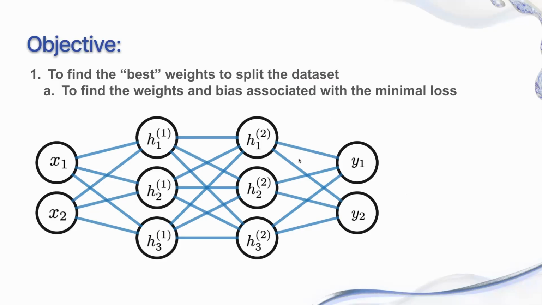All our weights are these blue lines. You can imagine instead of having 3, we have 4, or instead of 3, we have 100. The amount of weights that we need to update explodes really fast, so finding a way to efficiently update them is crucial. Again, we want to find the best weights to minimize our loss.